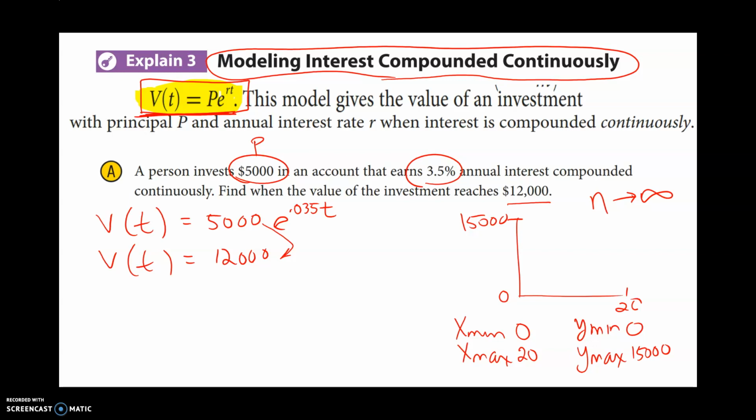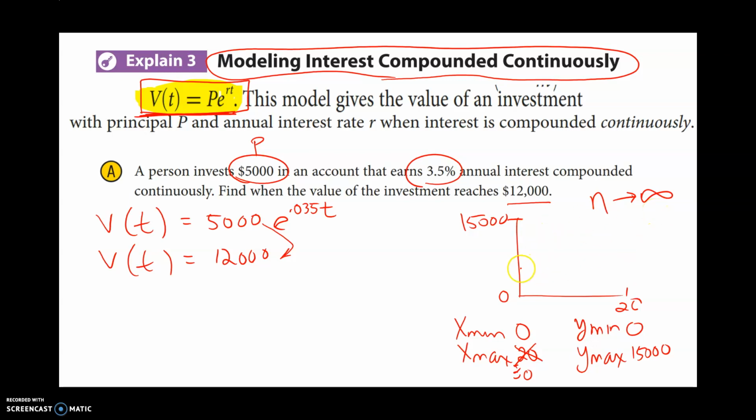Not sure it's going to hit. Well, maybe it does. I don't see it. It's doing this. I don't see an intersection yet. So I need to open that up a little further, don't I? So I'm going to take my x max and make it 30 years, so I can see what's going on. So I'll take these lines out of here.